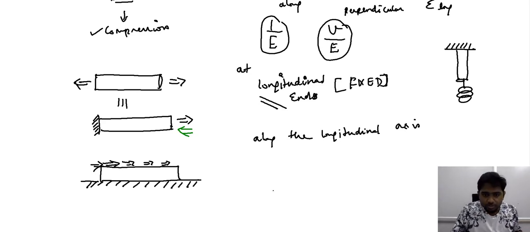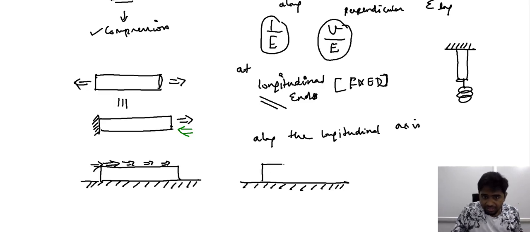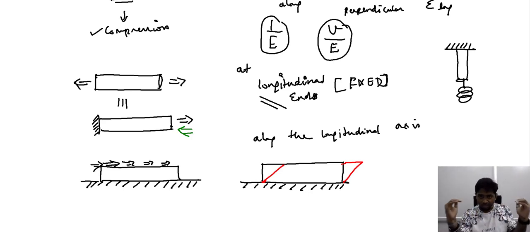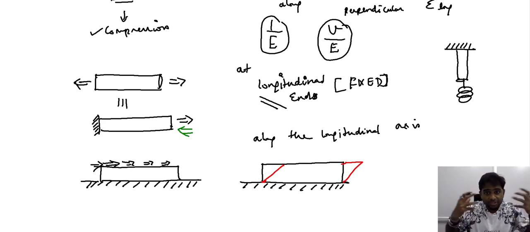Now in response to this stress, the material changes its shape. There is a distortion that a material exhibits in response to the specific form of the stress. What we ideally observe is the material adopts a form which is in this nature. So we are fixing a material along its longitudinal axis, and now we are imposing a stress on the free surface that is opposite to the surface that is fixed, and in response to the stress there is a distortion offered by the material, and this response is of this form here.